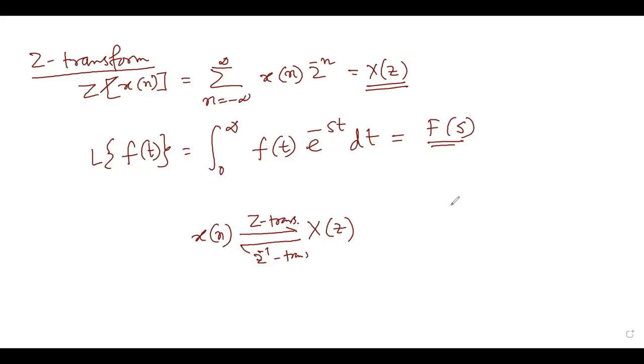Like we know, the Laplace transform of f(t) is F(s), and the inverse Laplace of F(s) is f(t). Same is also here. The result X(z) is a function of z, and if you take its inverse, we will get the sample sequence x[n], or the discrete signal itself.